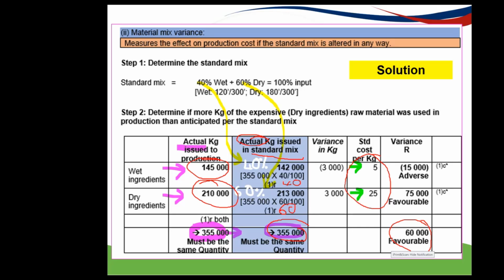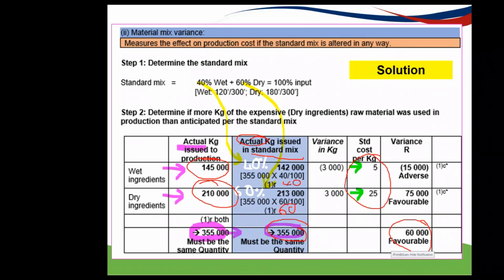Okay, so when I take you back to this information, the actual kilograms issued to production, this 145 and the 210, you were given this, okay? So that is what you're going to put into this table here.